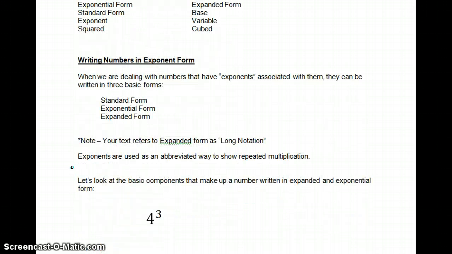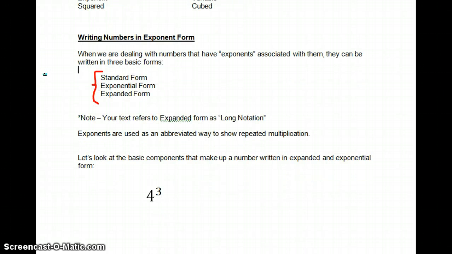We are going to start by writing numbers in exponential form. When we are dealing with numbers that contain exponents in them, they can be written in three basic forms. We have what is called standard form, exponential form, and expanded form.